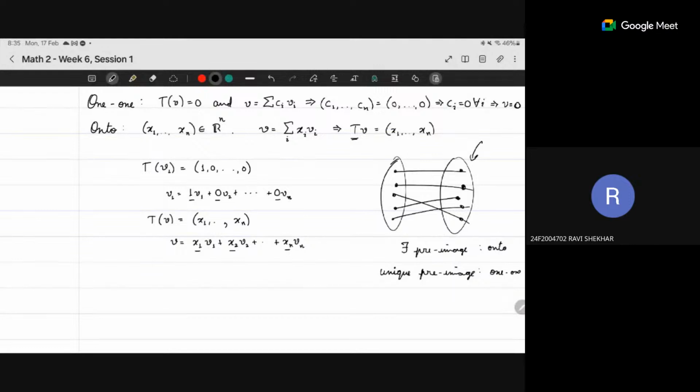The basis vectors are Vi, and I need to specify what the coefficients need to be so that the transformation takes it to the vector in Rn whose components are x1, x2, so on up to xn. My confusion is relating the use of xi on the LHS and x1, x2, xn. Are they related somehow? They are the same.